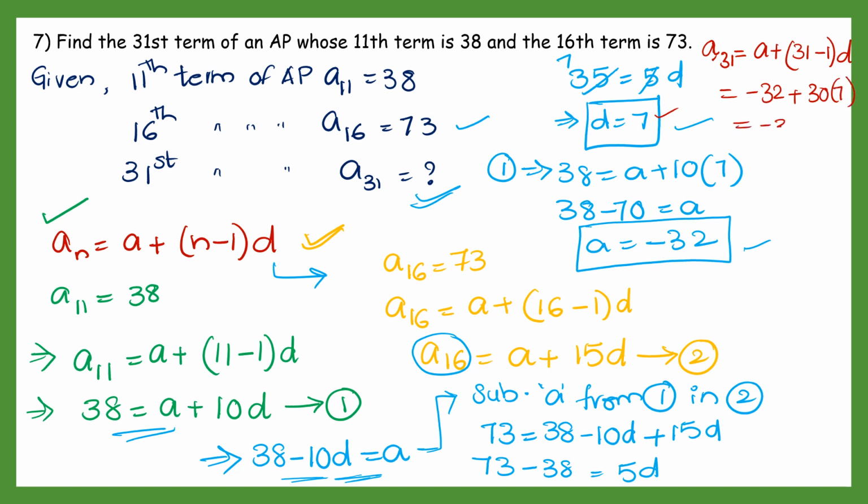So minus 32 plus 30 into 7, which is 210. 210 minus 32: 210 minus 30 is 180, minus 2 again is 178. So the 31st term is 178. We used only one formula. If we know this formula, we can solve the problem.